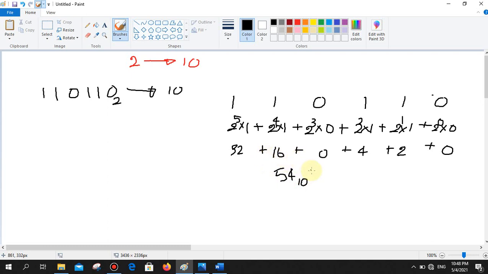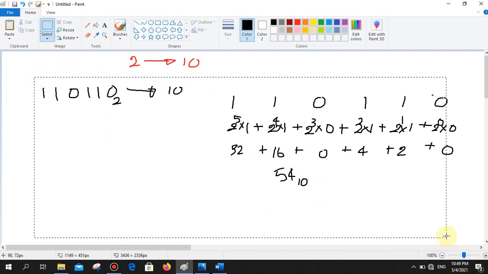So this is how you all can convert the binary number 110110 into decimal. Right, I think you got the idea. Now this is the end of how to convert decimal into binary and binary into decimal.